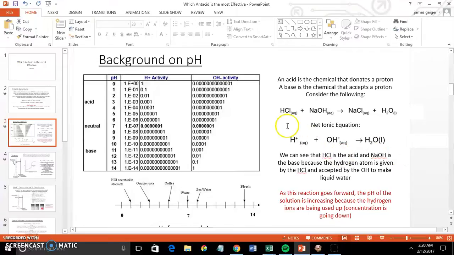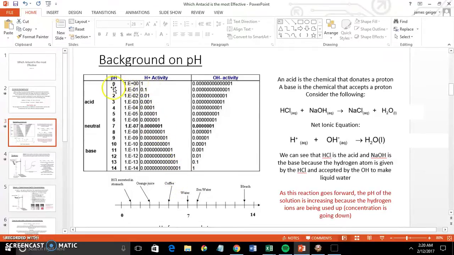Right? So you have this H+ ion. This H+ ion is what we're talking about when we're talking about pH. You can see over here on this table that if we have a pretty high concentration of H+, relatively speaking, this number is way higher than this number.